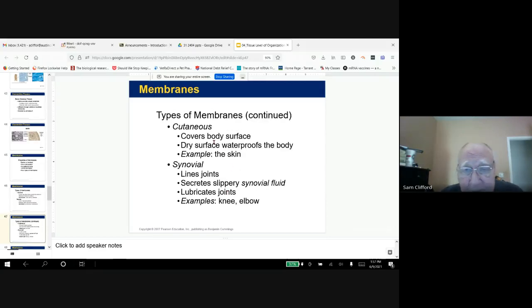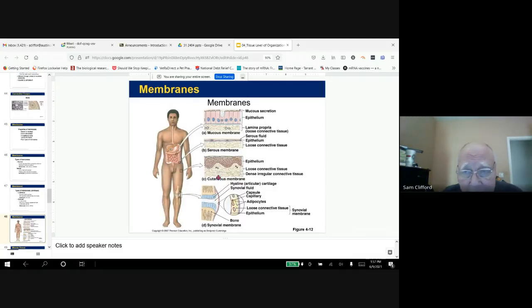Cutaneous is the skin. It waterproofs the body. Synovial membranes line joints, lubricate the joints, and secrete a synovial fluid that allows joint lubrication. So we have mucous membranes throughout the digestive tract and the trachea, for instance, and the serous membrane that lines the whole cavity.